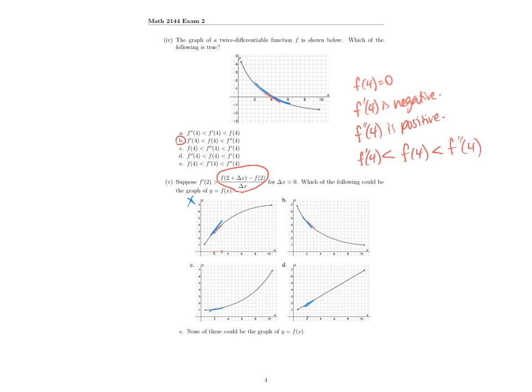And for this one, if I draw the secant line, I get that. And for this one, the secant line and tangent line are equal. So it's not this one because secant and tangent lines have the same slope.